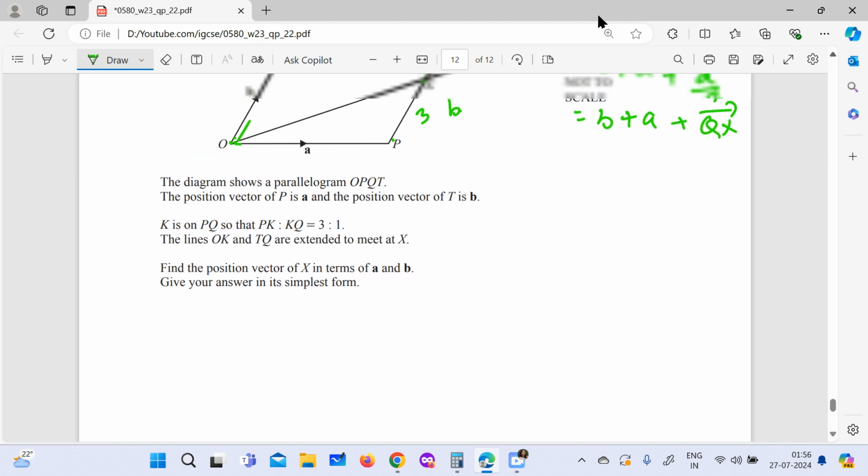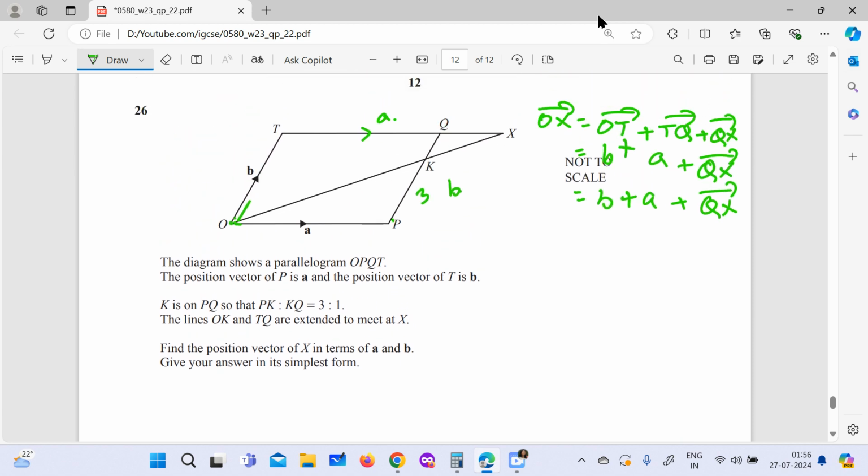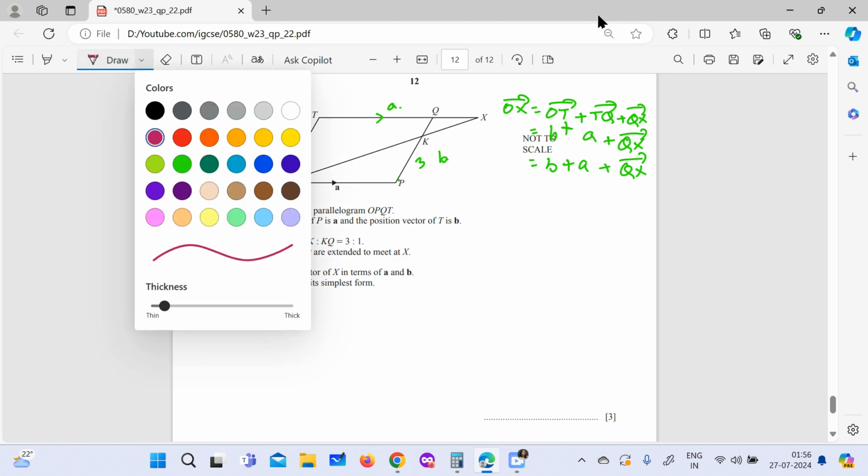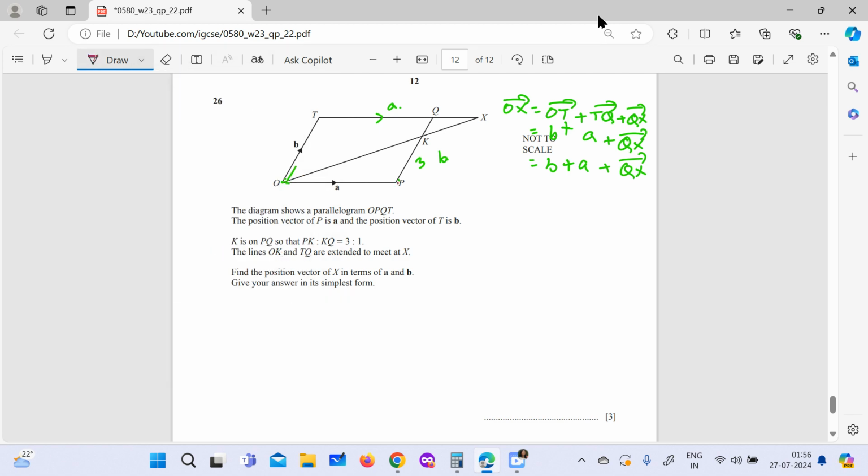So I need this diagram. QK. Now you see this triangle OTX.